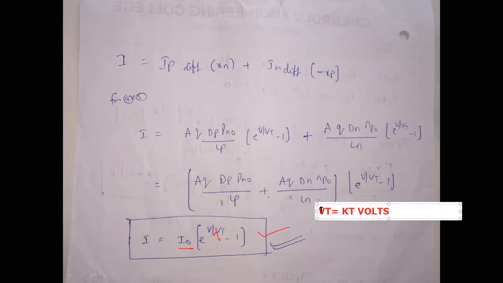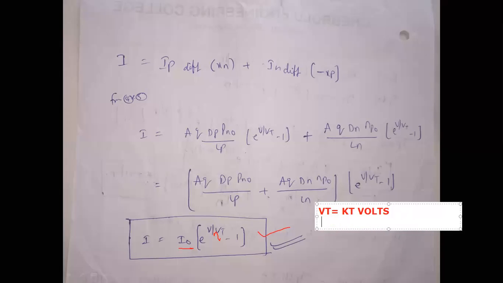K is the Boltzmann constant, and its value is 86.2 into 10 power minus 6 electron volts per degree Kelvin, and T is the temperature in degrees Kelvin. So I get Vt equal to kT volts.